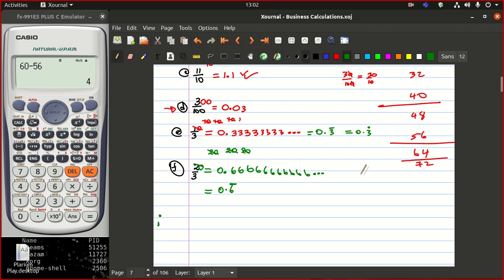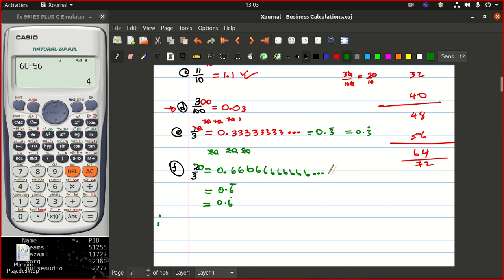I don't want you to say this one is supposed to be 0.3 and I have rounded it off. We're not rounding off anything here. We are writing this thing as it is. It's not an approximation. So with this bar or dot, you can say 0.6 and place a dot. It's just saying that I have 0.66666 throughout.